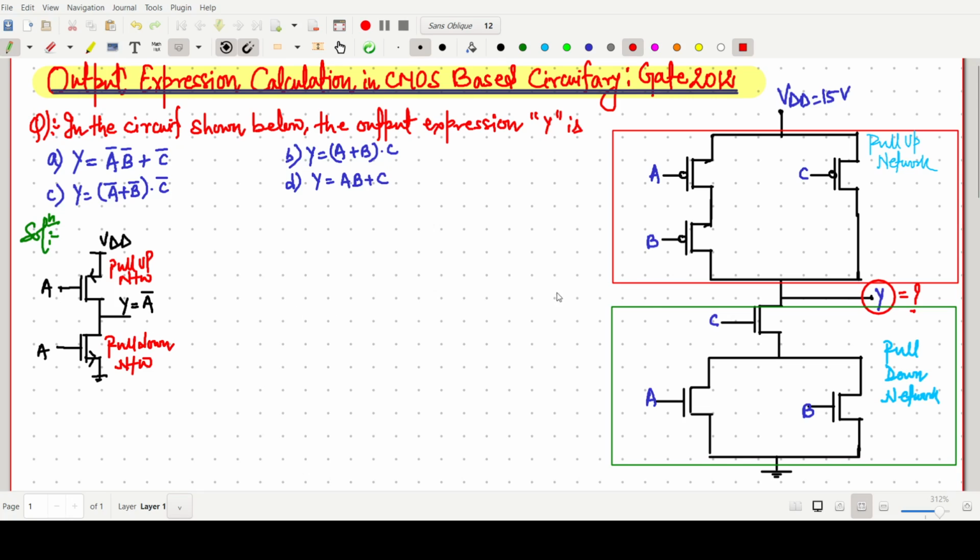In such cases, if we add one more transistor, I am making one more structure.